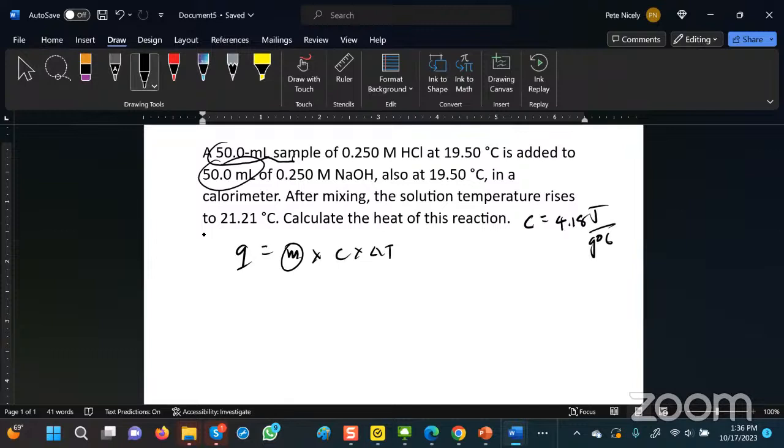So the total volume when you mix them would be 100.0 mL. Now, how do we get the mass from that? Well, we know that mass is equal to volume divided by, I'm sorry, what am I saying?